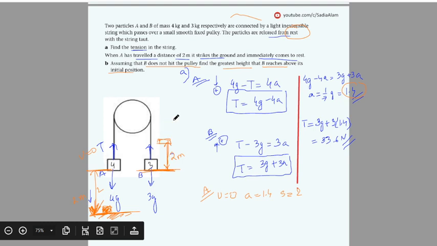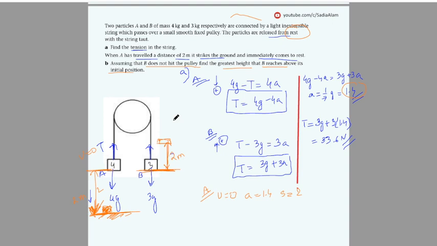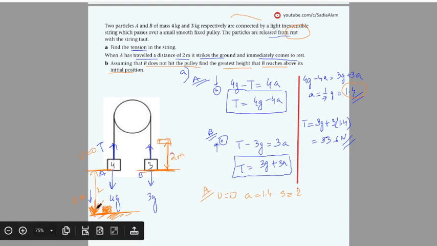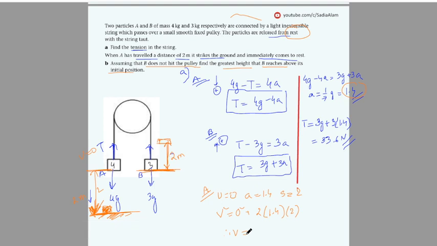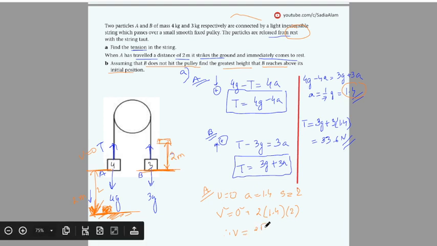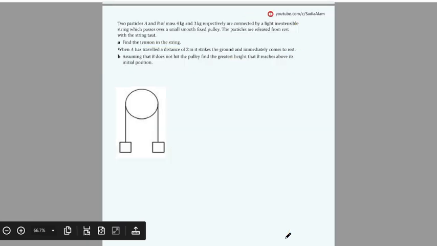So that's why I started working with particle A, and I'm trying to find the final velocity of particle A. So v squared equals u squared plus 2as. From here you'll get √35 divided by 5. So that's v.